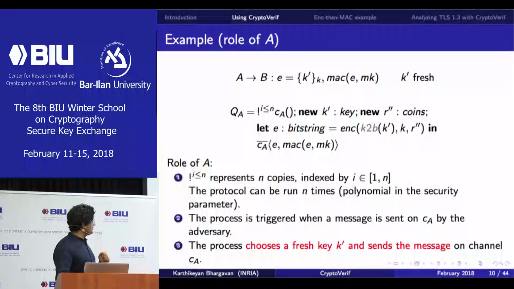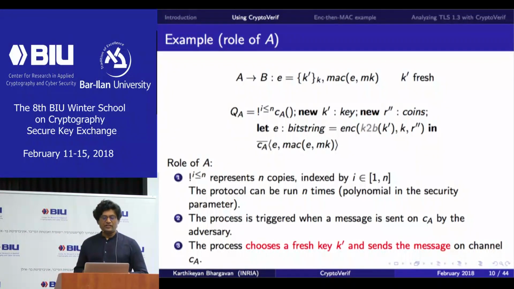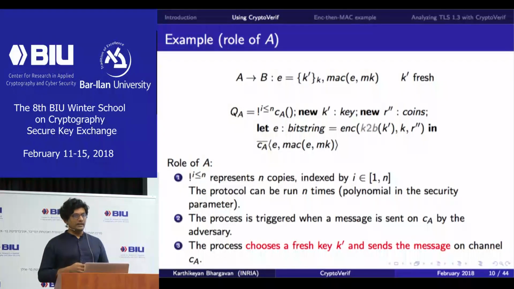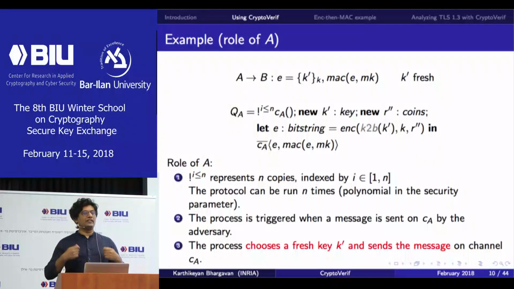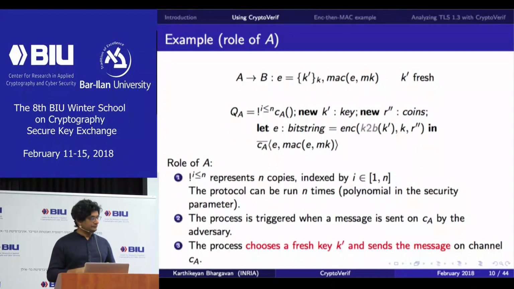All right, so how's the code for A? Let's ignore the exclamation mark. It's going to generate a fresh K prime, calling new K prime, which is a key. It's going to generate a fresh nonce R double prime, which is going to be used in the encryption, because encryption now in the CryptoVerif model will take a random input, so that we don't have deterministic encryption here.